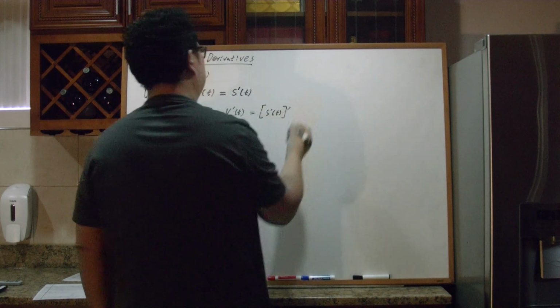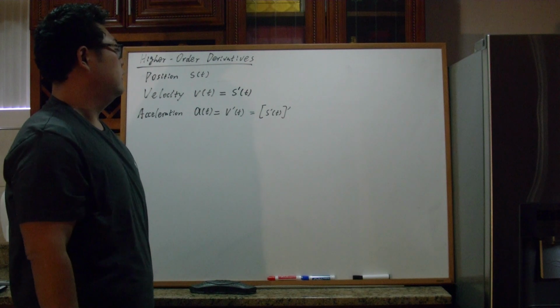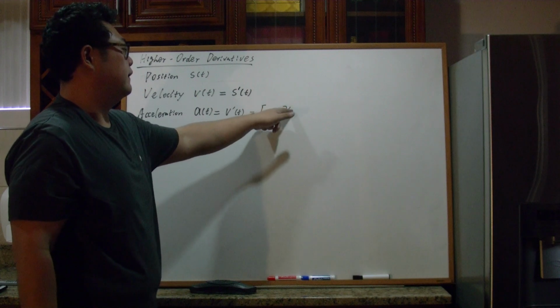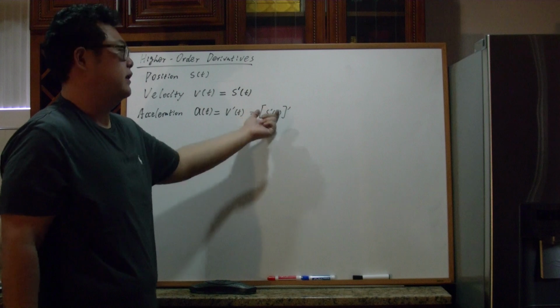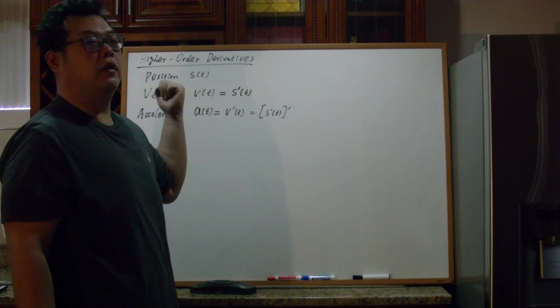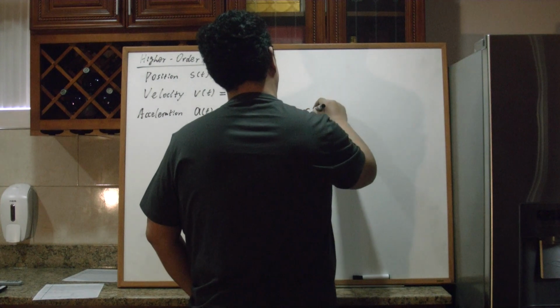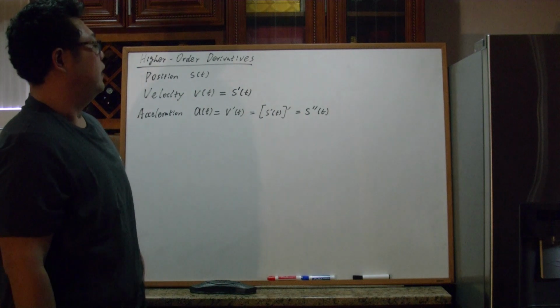the first derivative of position. That sounds weird. The first derivative of the first derivative of position, which is we differentiate the position twice. We call that the second derivative, or double prime, right?